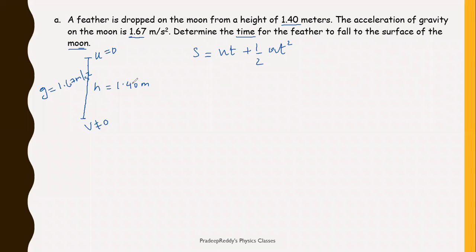What is S? How much distance it is falling? 1.40 meter. This is equal to initial velocity 0, time you do not know, plus half, acceleration due to gravity on the moon is 1.67 meter per second square, into time taken you do not know, let it be t square.